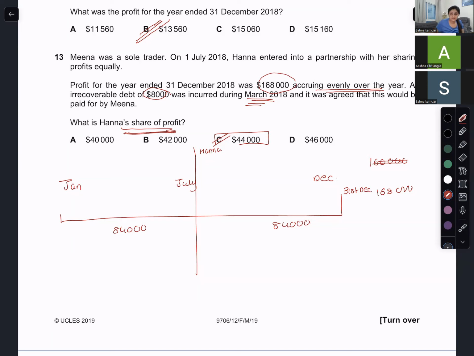Yeah. 168,000 is the profit on 31st of December. In March only you had irrecoverable debts. So you had irrecoverable debts before this. So profits before irrecoverable debts is how much?